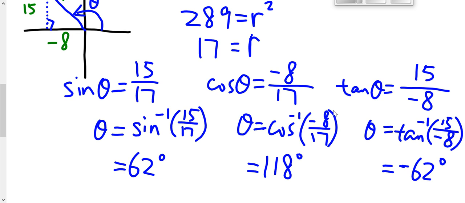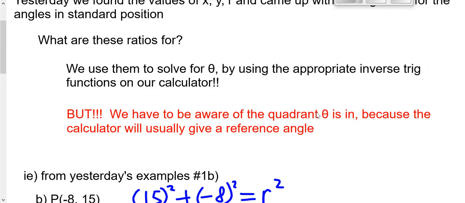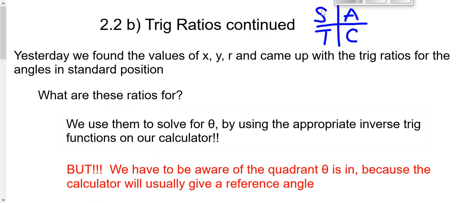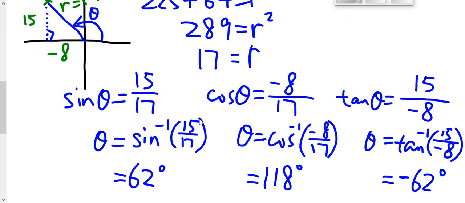Remember what we briefly reviewed from last day's lesson? There's something called the CAS rule. Each trig ratio is positive in certain quadrants and negative in other quadrants. So sine is positive.